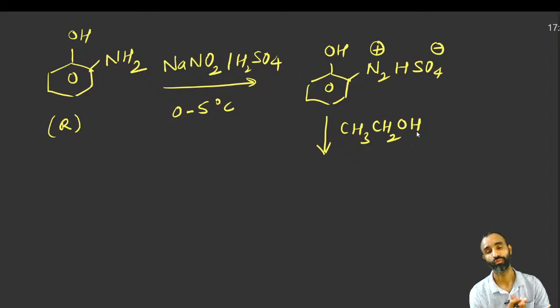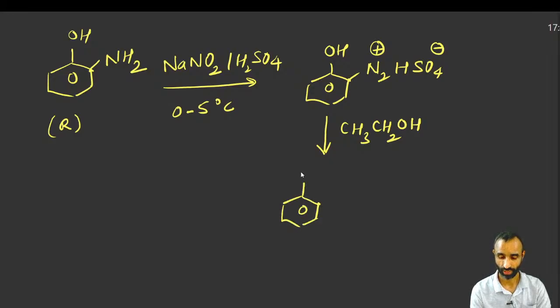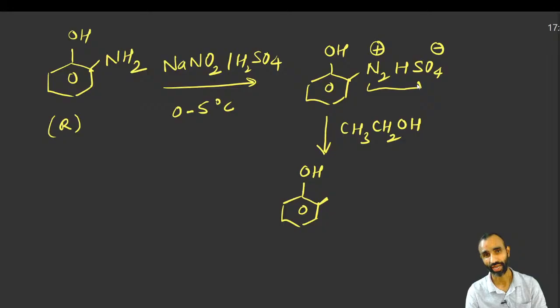What will we get? Phenol we will get, and therefore where this whole N2 HSO4 negative is attached, we have H. Now instead of H, here it is D. So we get this product.